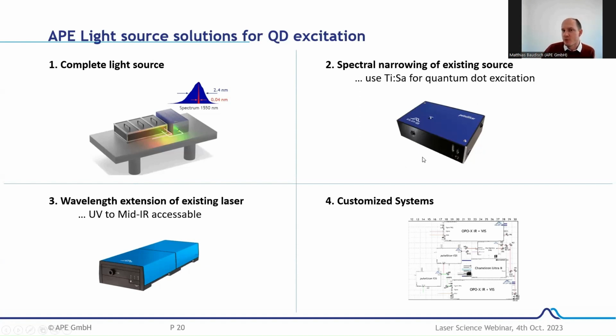You can also use, if you have already a laser in your lab, because the laser is actually typically the most expensive part of these whole systems, a spectral slicer behind to make, for example, Ti-sapphire broadband lasers feasible for quantum dot experiments. You can also use wavelength extension to go to different spectral ranges, which were not possible before with your existing laser. Or you can do all kinds of customized systems depending on your actual specific needs for your experiments.